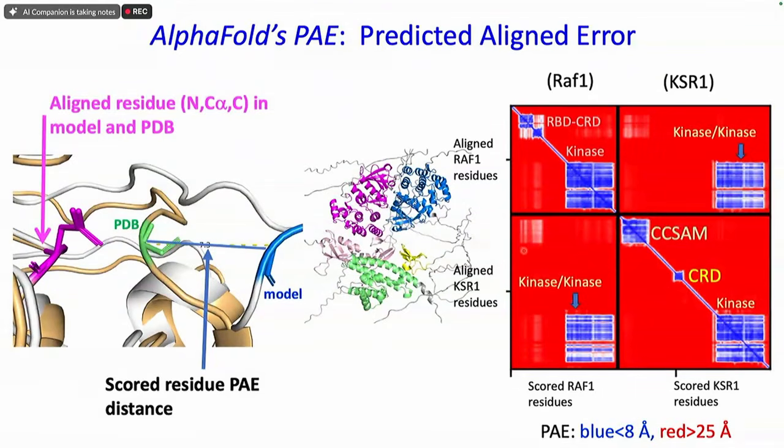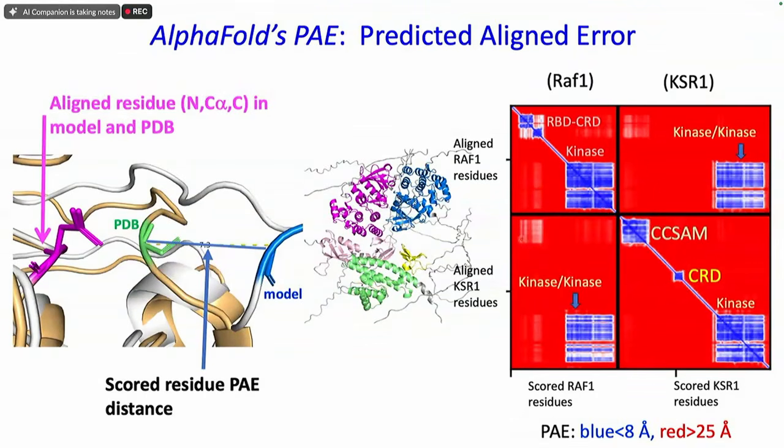These off-diagonal rectangles are the relationship of one protein to the other protein. And so you can see here, this square is the kinase domain of RAF1 versus the kinase domain of KSR1. And it is very confident about that interaction. Remember, this is a kinase-kinase domain interaction. That's the part that I think is correct from what I know.